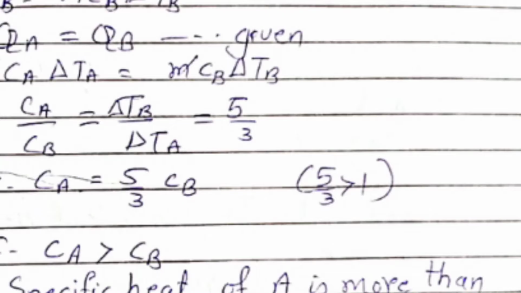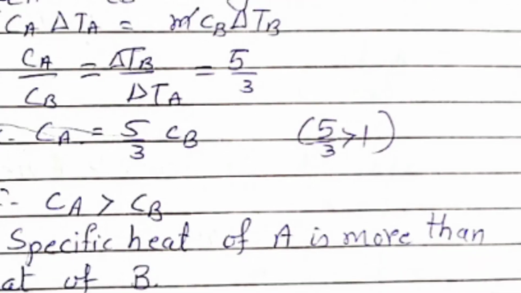Right? Now observe, children. 5 upon 3 is more than 1. Correct? So if you multiply Cb by more than one time, you are going to get Ca. So obviously Ca is bigger than Cb, and by which factor? 5 upon 3.